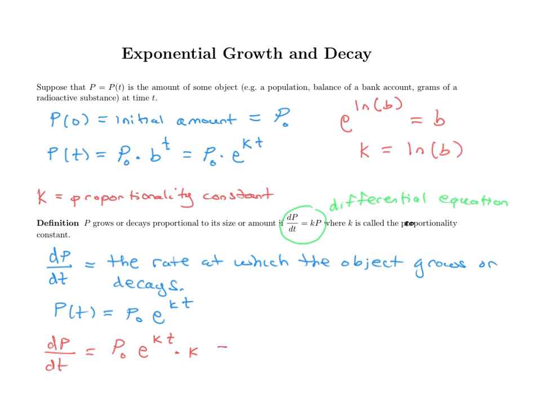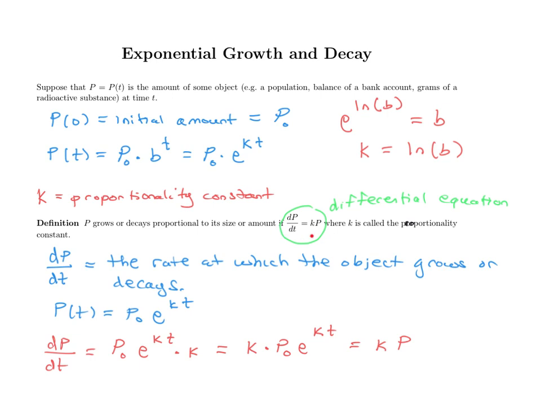And I'll reorder this by putting the k in front. That's k times P naught e to the kt. And here I have k, and P is the same thing as P naught e to the kt, which means this is equal to k times P. This is the equation that satisfies this differential equation.